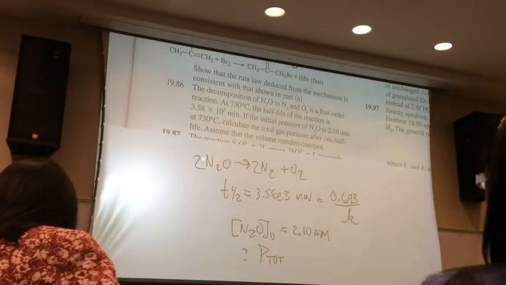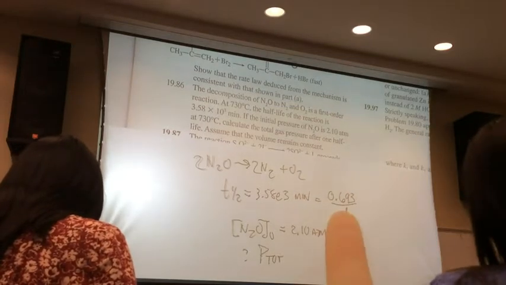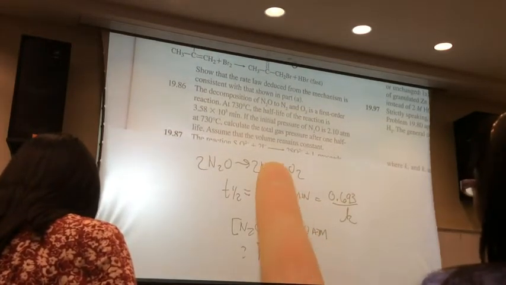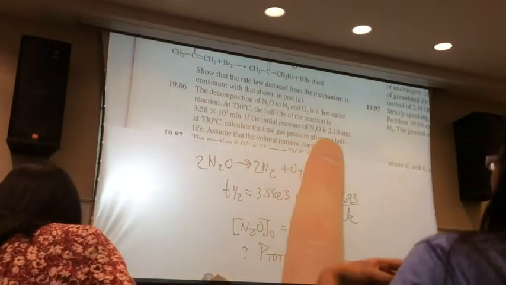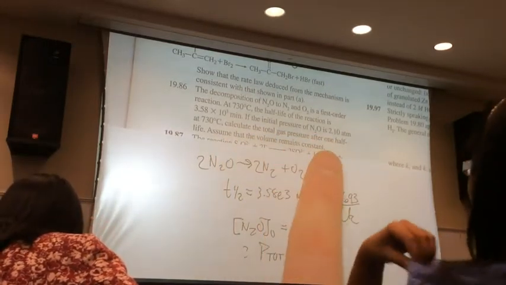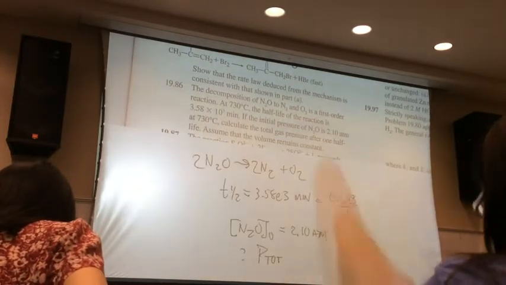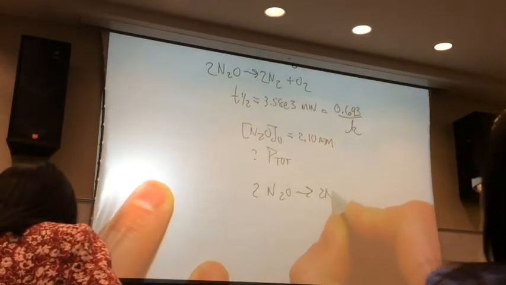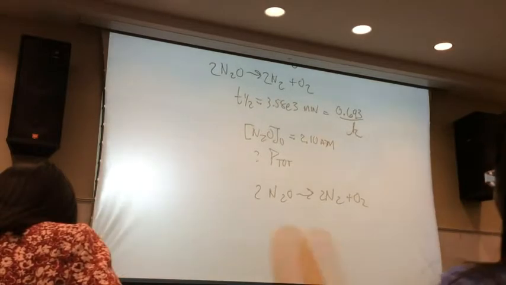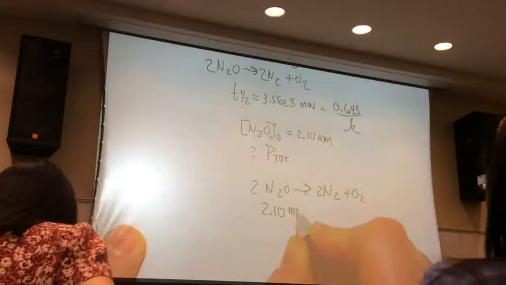So after 1 half-life, let's write this down: 2 N2O goes to 2 N2 plus O2. We started with 2.10 atmospheres of N2O.